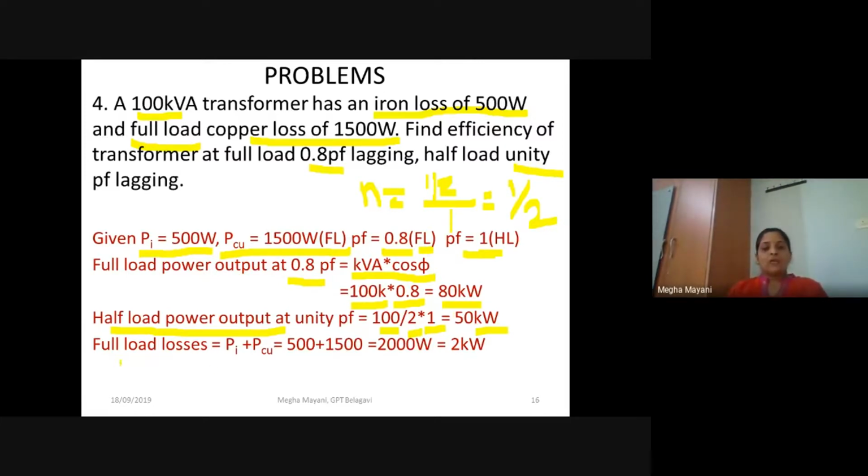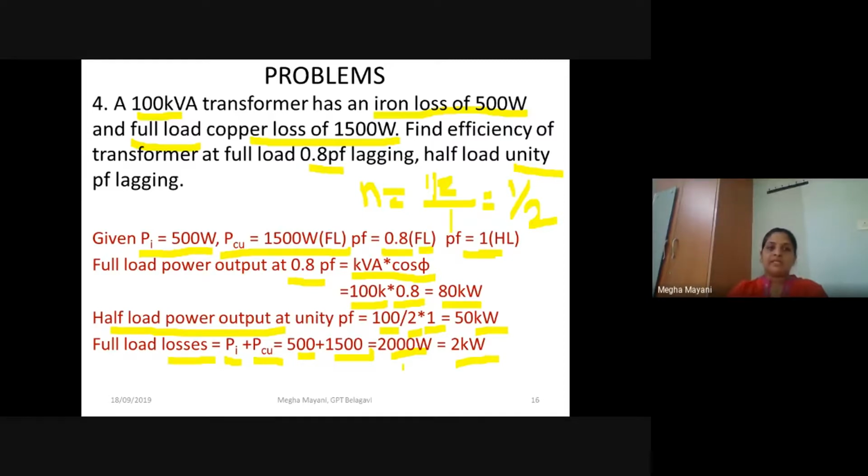Now we can calculate the total losses under full load condition. That will be iron loss plus copper loss. As mentioned, iron loss is 500 and copper loss is 1500 in full load. So we get around 2000 watts as the total losses, or 2 kilowatts.